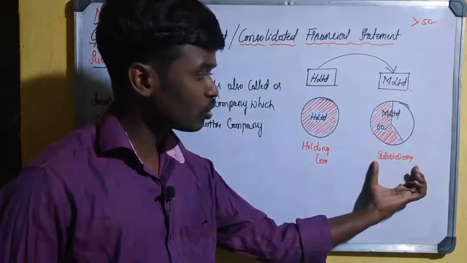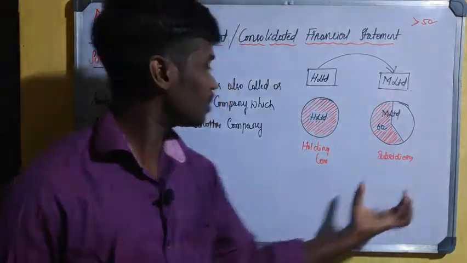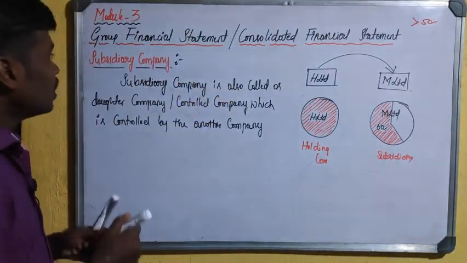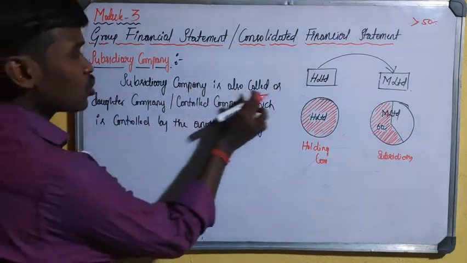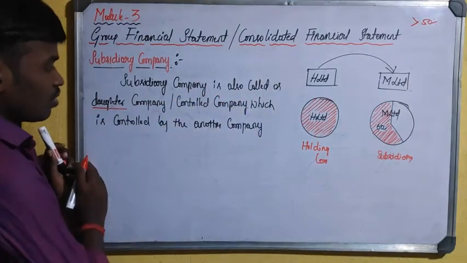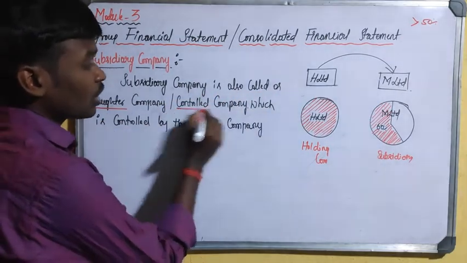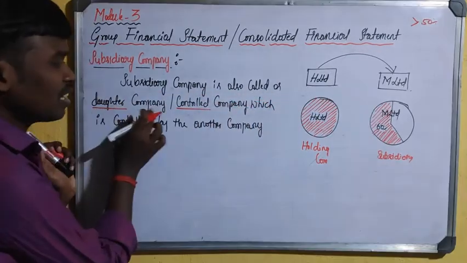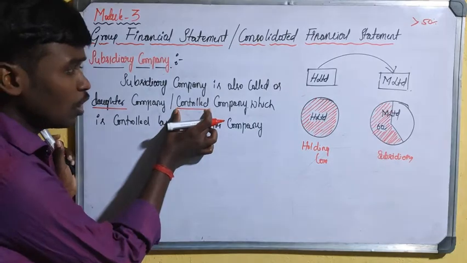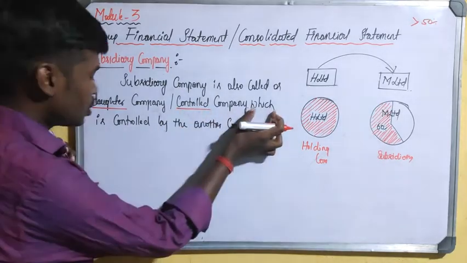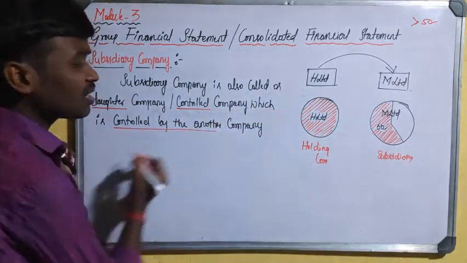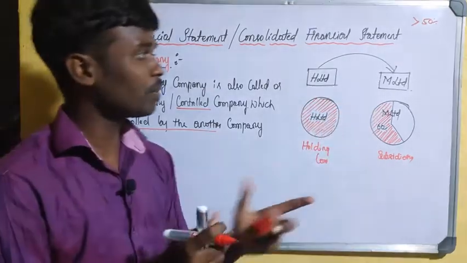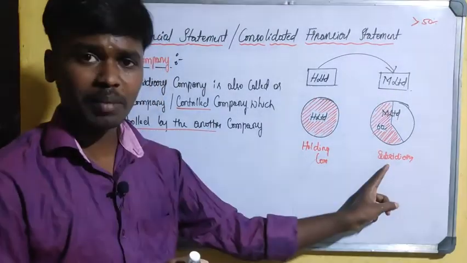So now we are going to discuss what a subsidiary company is. See the meaning of subsidiary company. A subsidiary company is also called a daughter company or a controlled company. Why? Because it is controlled by another company. See, in this example, M Limited is a subsidiary company, right?